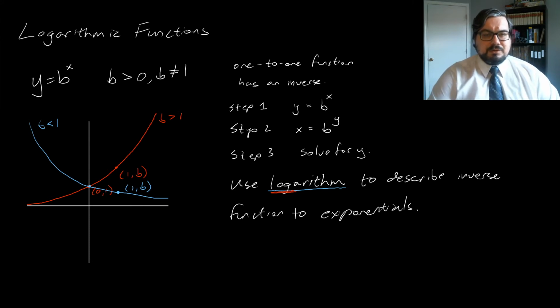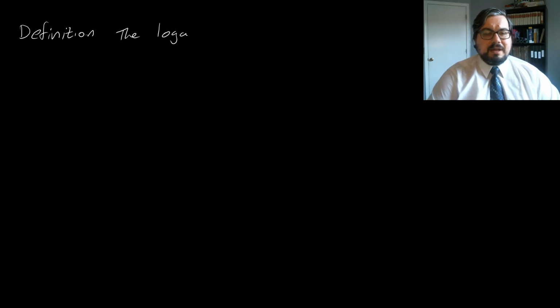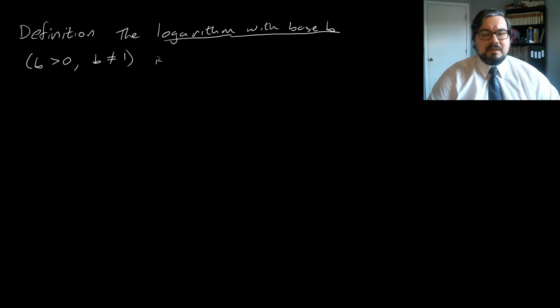So let's go to the definition. And we're going to do it the following way. The logarithm with base b, where b has to follow the same rules as for exponentials, greater than 0, not equal to 1, is a function defined in the following way.